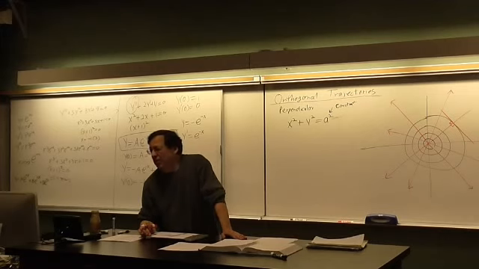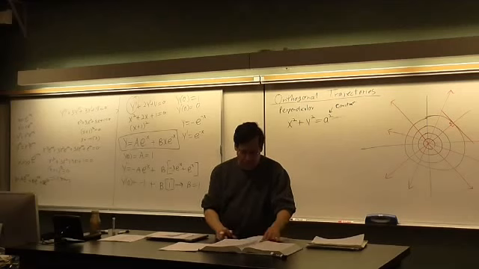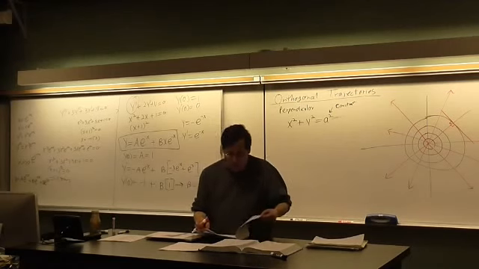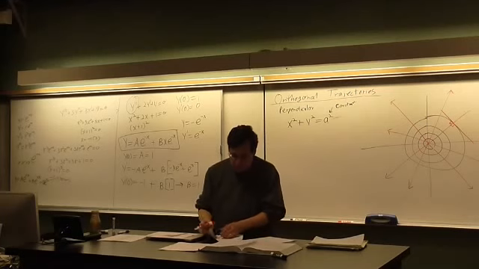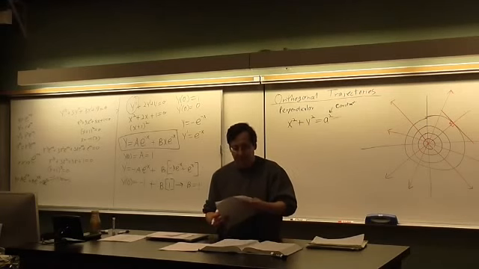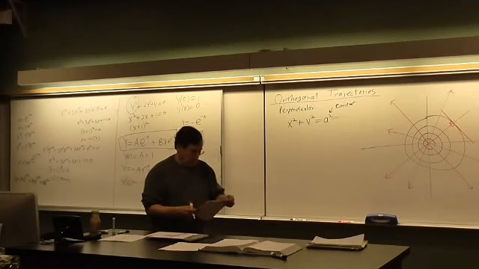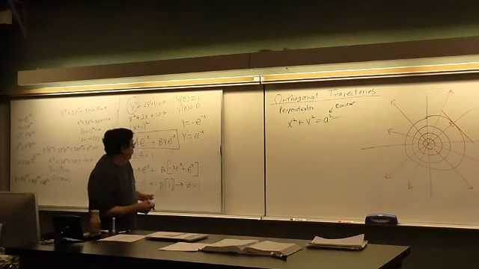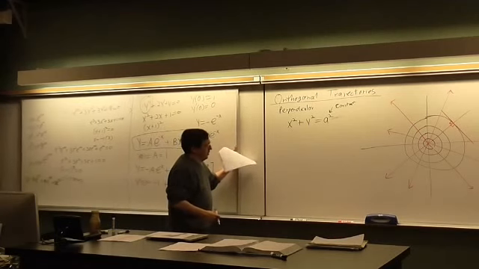The question is, let's say we have a family of curves, and we want to find an orthogonal trajectory. How would we go about doing that? So we're going to do an example here.